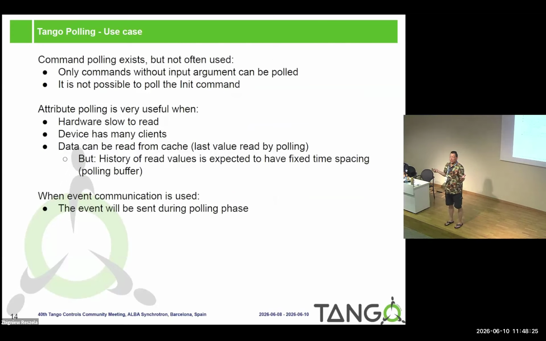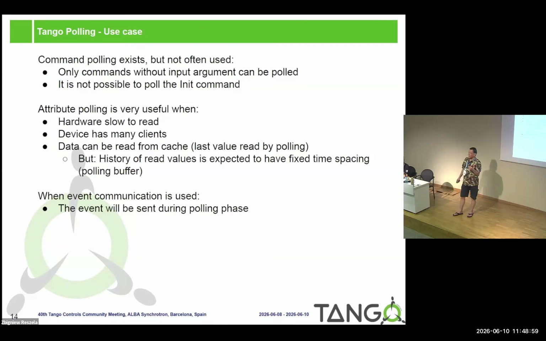Essentially, the polling loop is useful when you have hardware that is slow to read, the device has many clients, and data can be read from a cache. Then the polling loop is really good to have, but still, things can and will go wrong with a polling loop, right? Because usually you have your operators or your hardware engineers or somebody in between configuring it, and it takes a little bit of work to configure it right.